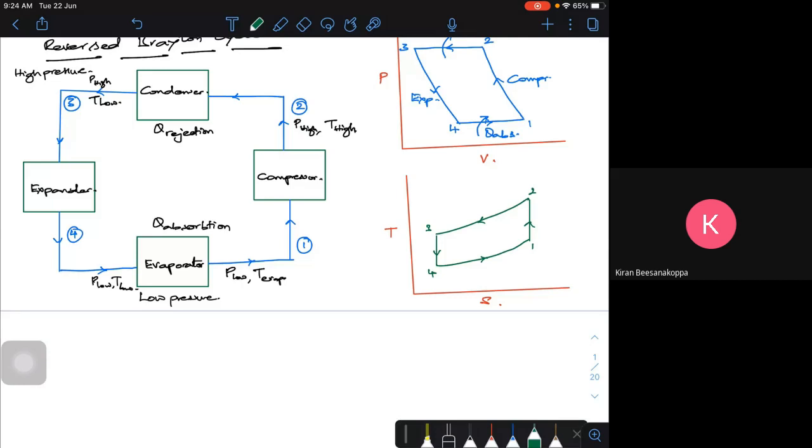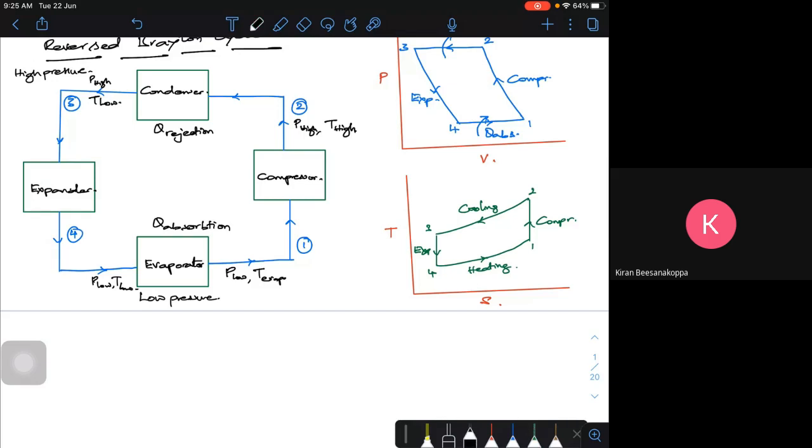Same thing. So this is your compression. This is your cooling, or what happens in your condenser. This is your expansion. This is your heat addition or heating. This is how your reversed Brayton cycle will work.